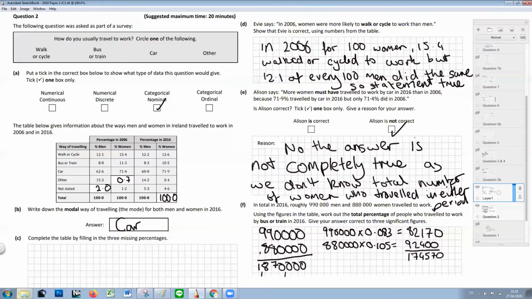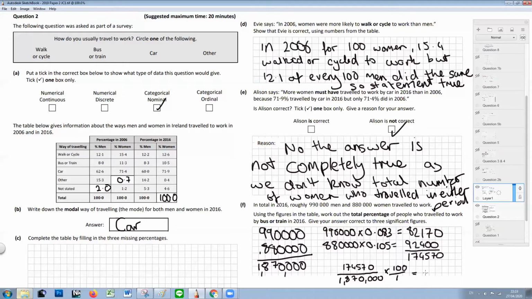So now that we've found the total number of people who travel to work by bus or train, that's going to be 174,570 divided by the total number of people who traveled to work, 1,870,000, and multiply your answer by 100 to get a percentage.